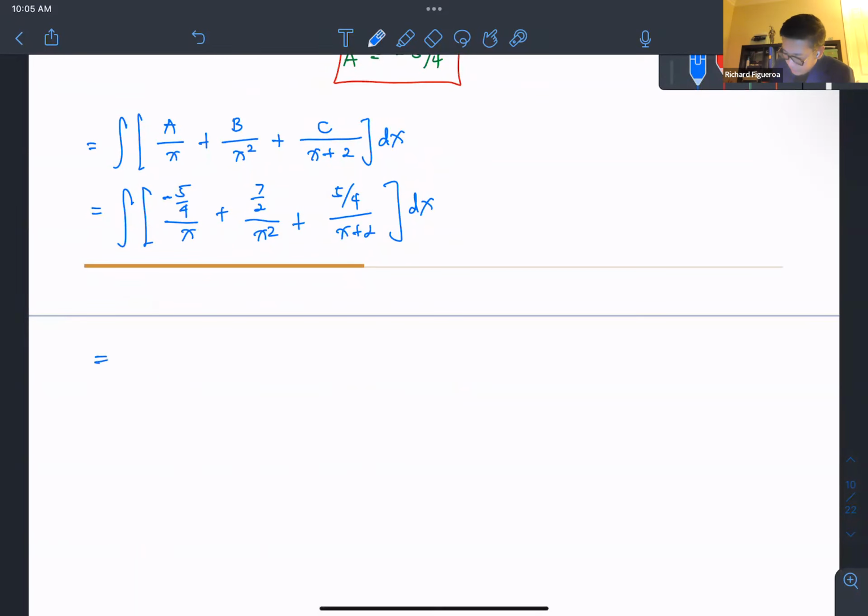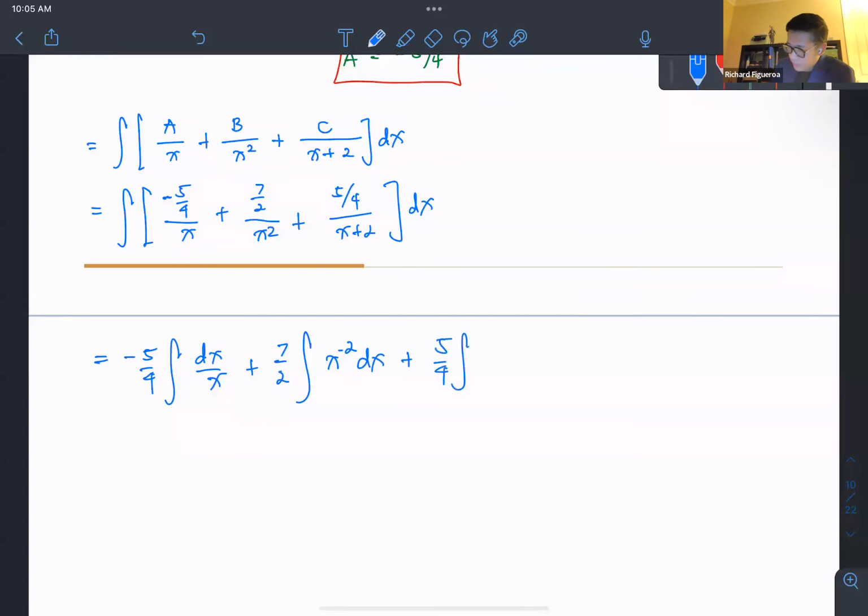So this makes it negative 5/4 integral of dx over x. And so we move out 7/2. However, we can make the x squared, since this is x squared, I can move it up. So I can use power rule. x negative 2 dx. Then lastly, plus 5/4 the integral of dx over x plus 2.